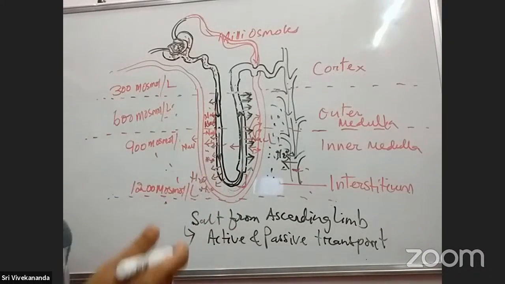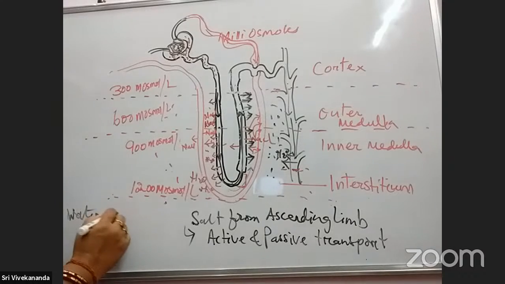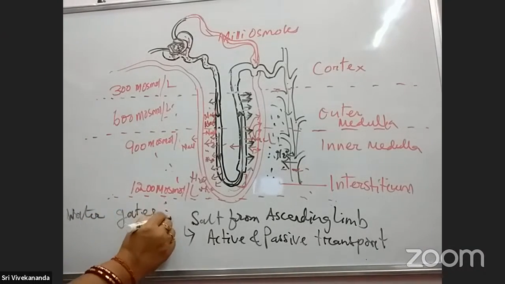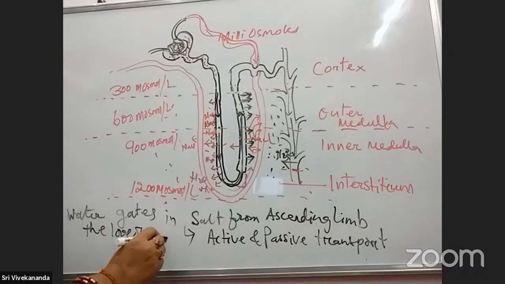So the water gates, this side I will write, the water gates in the loop of Henle. Is it visible? I've used another pen, it's not visible, I think.